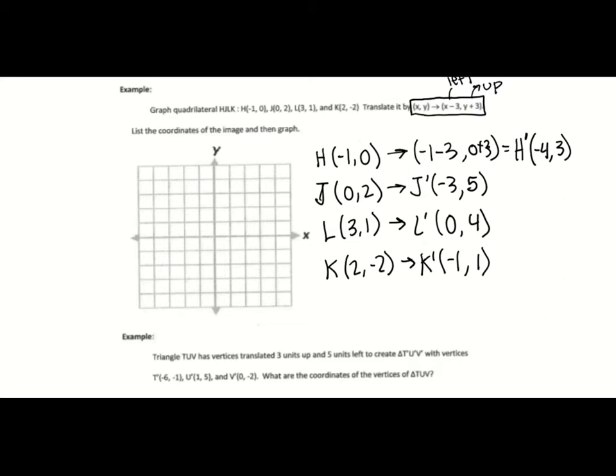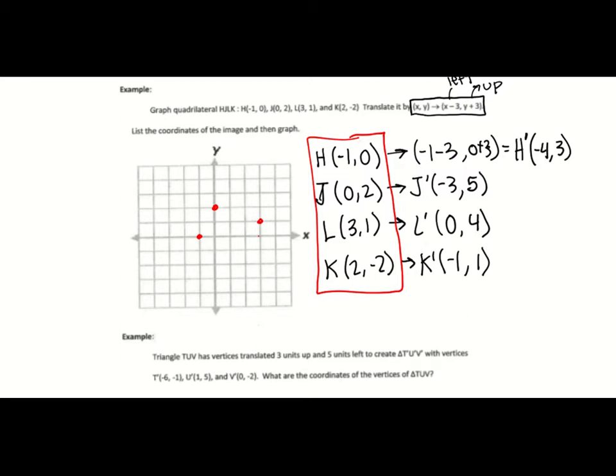I'm going to start with my pre-image, and I'm going to do those in red so you can see. H is -1, 0. J is 0, 2. L is 3, 1.